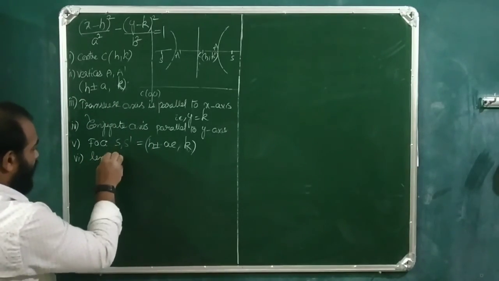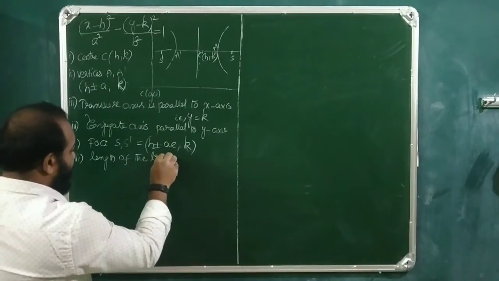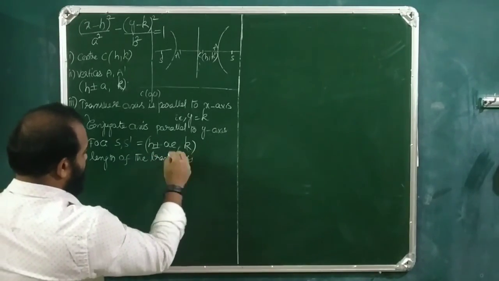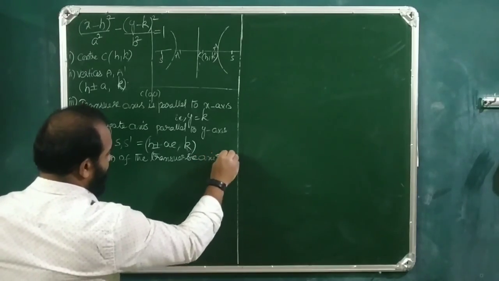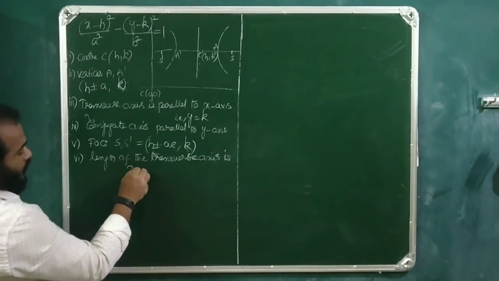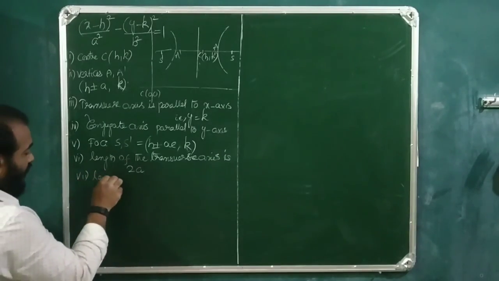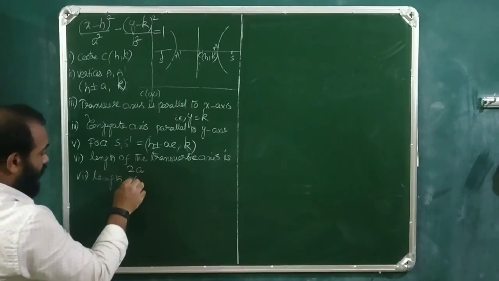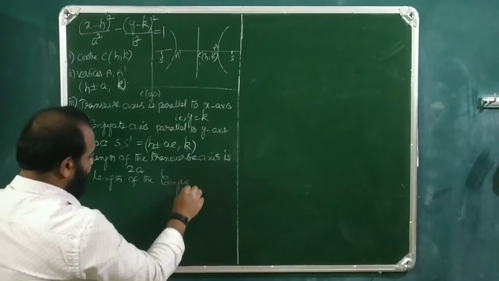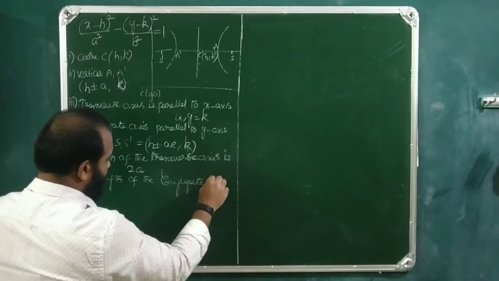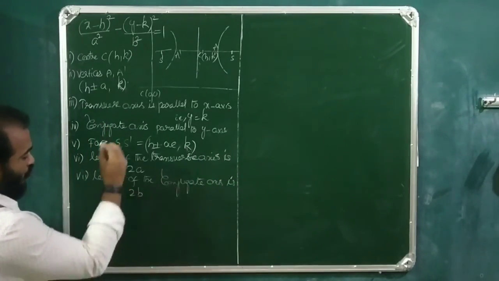So the length of the transverse axis is 2a, and the length of the conjugate axis is 2b.